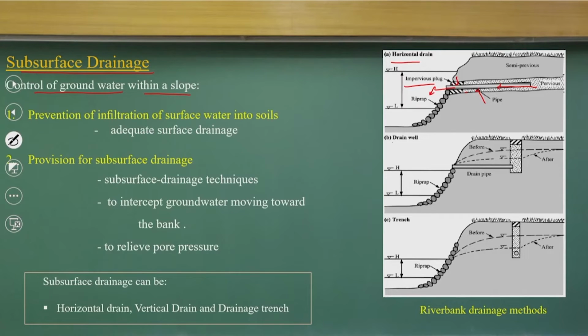Or you can have a drain well. You can see the groundwater table before is like this, and because of this drain well, the groundwater table decreases like this.